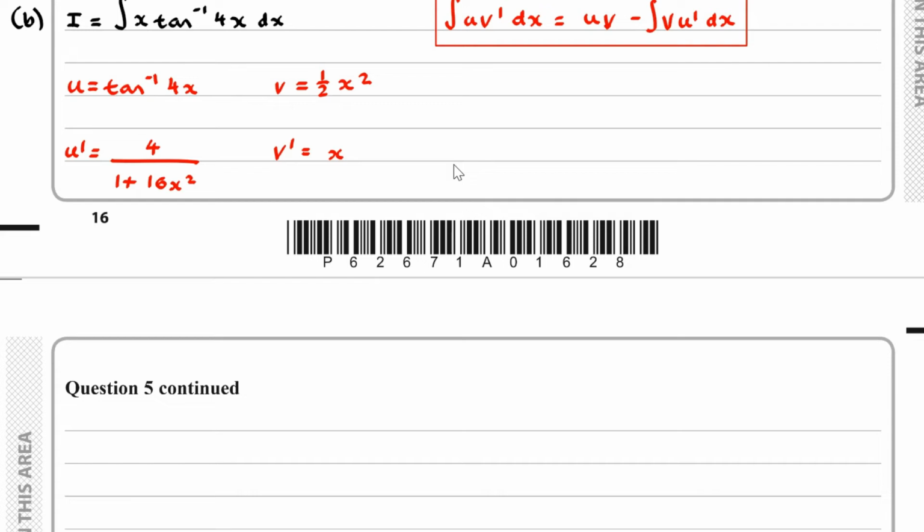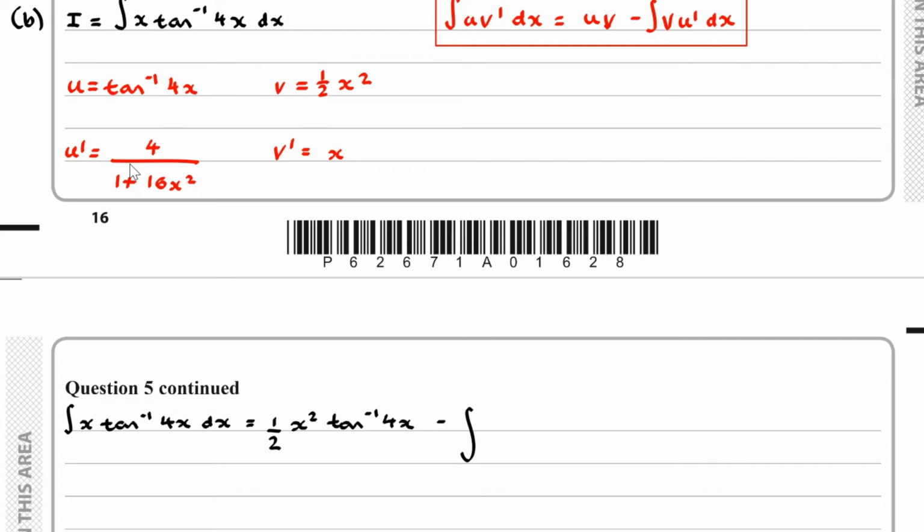So if we do that, you can see the integral of x times the inverse tangent of 4x with respect to x, that's equal to u times v. So we've got 1/2 times x squared times the inverse tangent of 4x minus the integral of v times u dash.